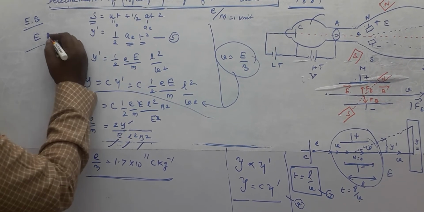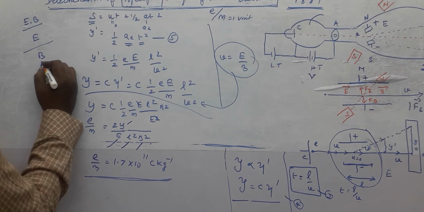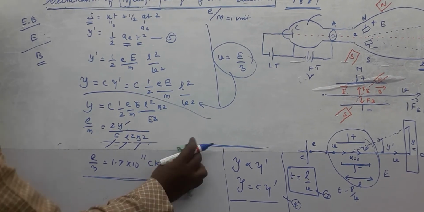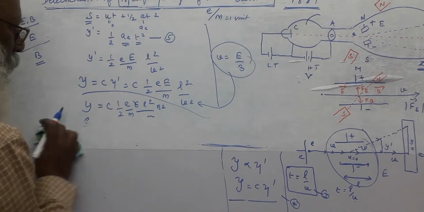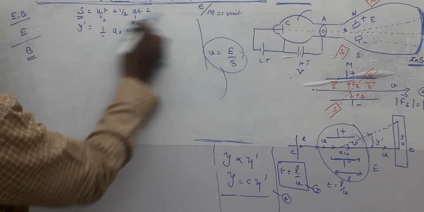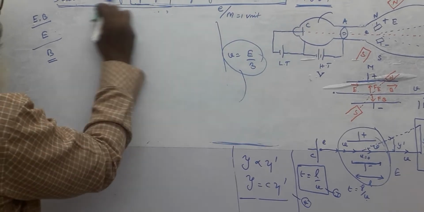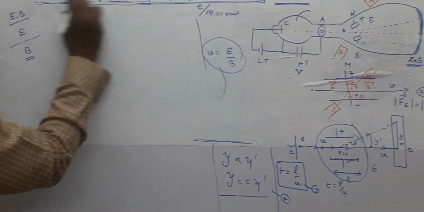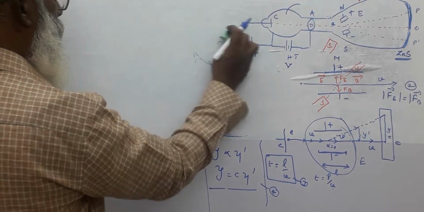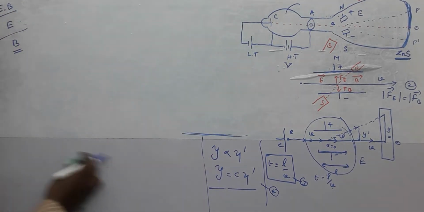Instead of the electric field, he considered applying only the magnetic field. What happened here?